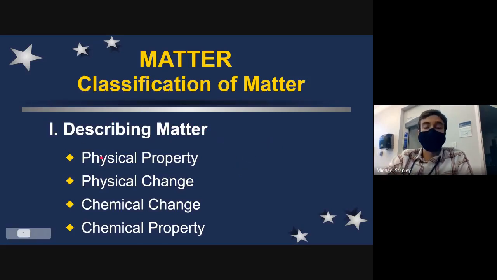So we're going to be going through each one of these things individually and talking about some good examples of each one to make sure that you guys understand it. So we have physical properties, physical changes, chemical changes, and chemical properties.